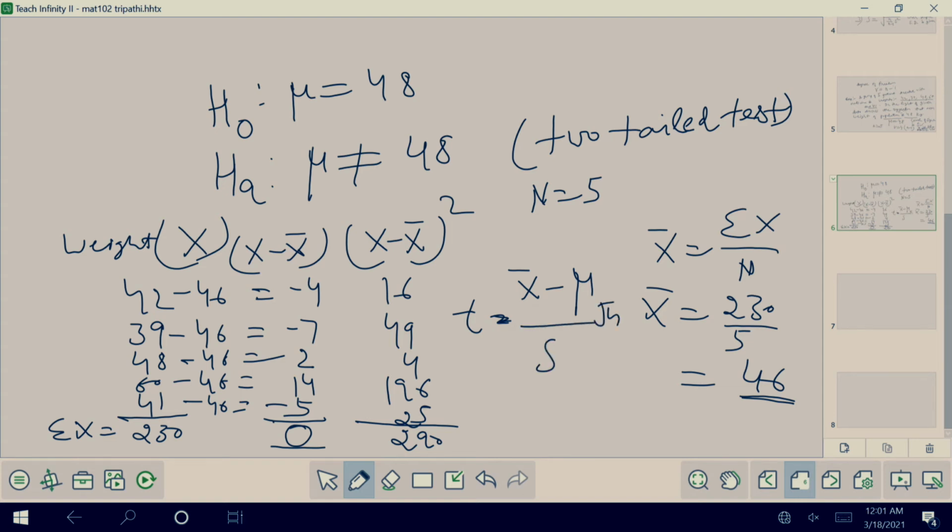Now, we have x bar, that is 46, we have given mu, that is 48. Now, we need to calculate only the value of s. So, on next slide we will do that.